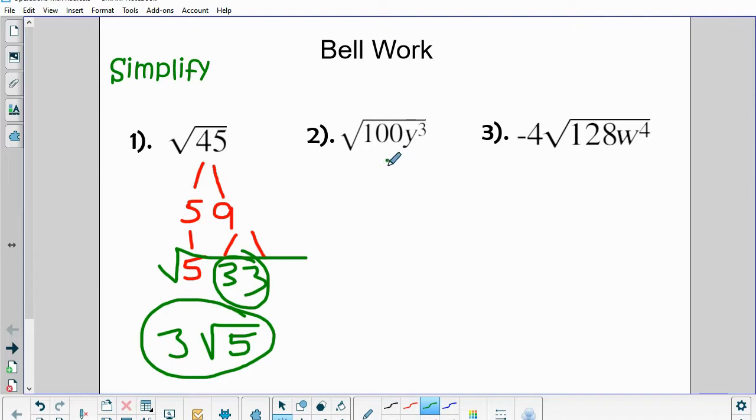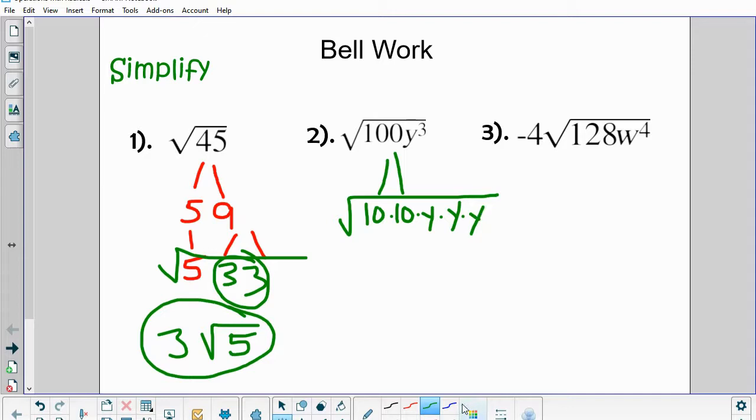Our second one, we can break that down into 10 times 10. And right away we can see that that's already a pair, so that's a perfect square, so we can pull that out of the radical without going much further. But what about the y's? We actually have 3 of those.